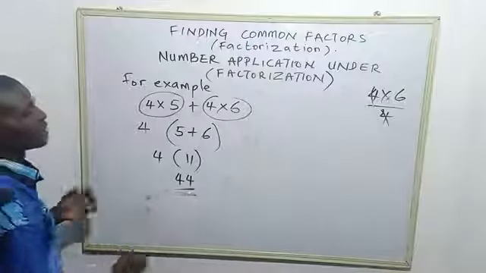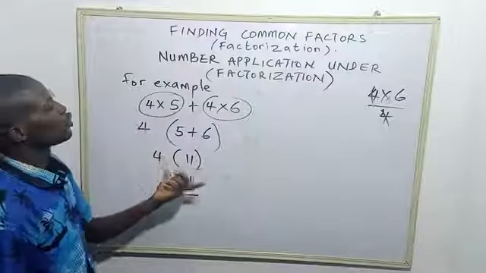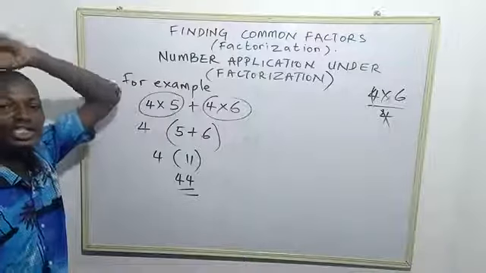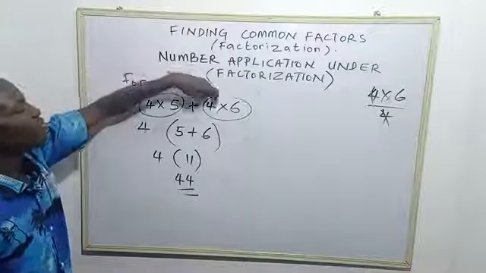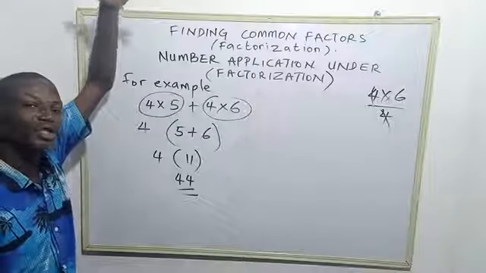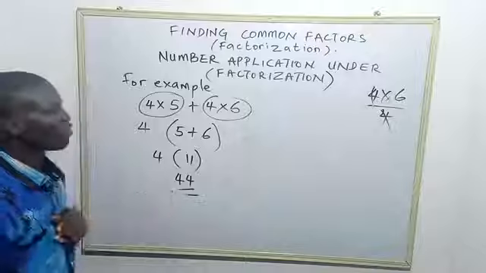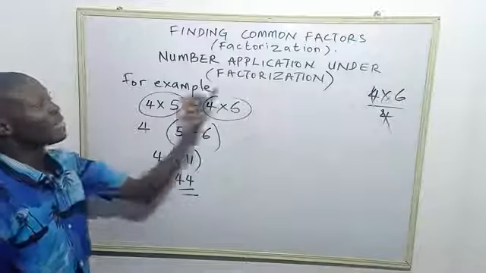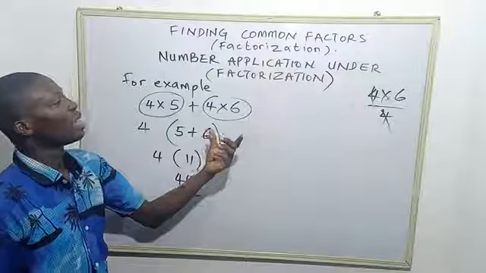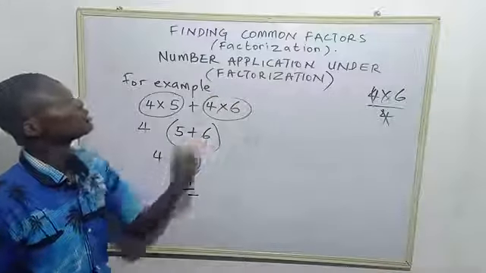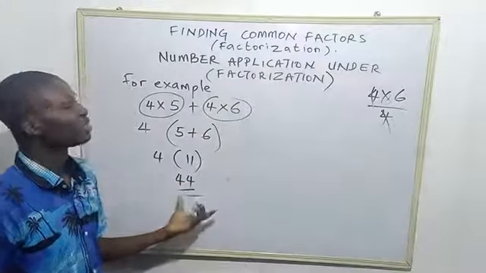So that's our final answer. Now, if you don't want to use the factorization method, just say 4 times 5 is 20, 4 times 6 is 24, and 20 plus 24 gives you 44. But in case your examiner wants you to apply the factorization method to solve it, that's why we are doing this as well. I believe this is clear.